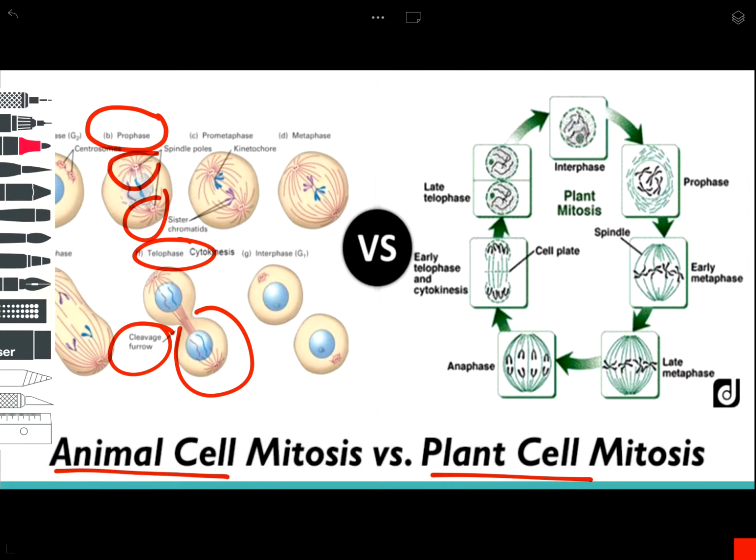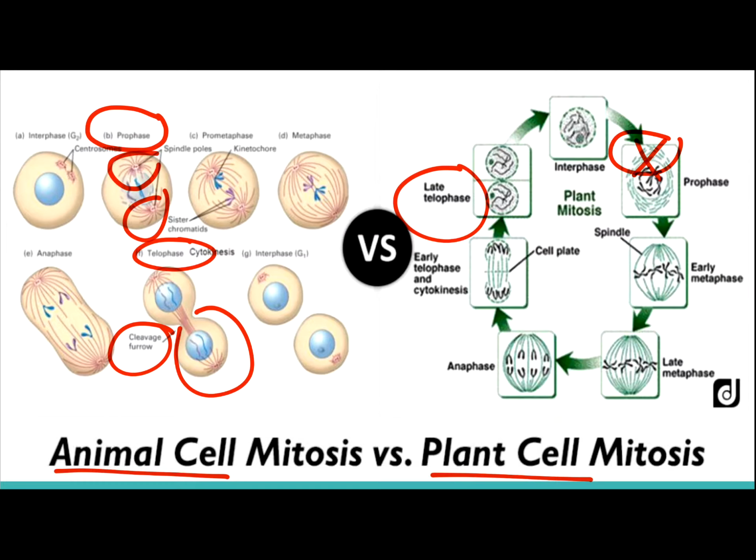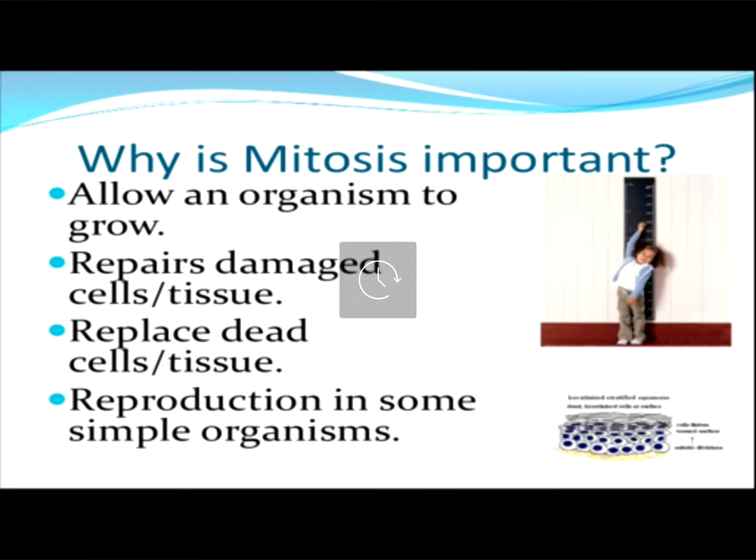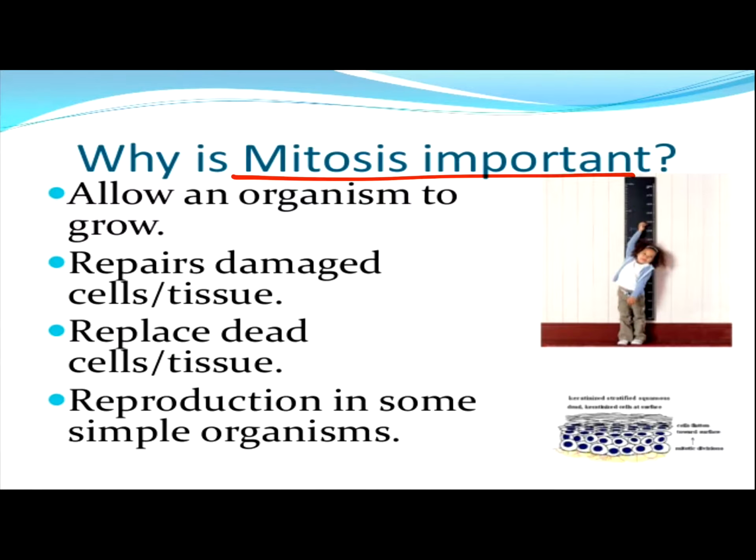But in the plant cell, during prophase, you can't see any centrioles, and during telophase, there is a cell plate forming. So that's why plants in real life can't move, because they are always touching each other and they're only separated by a cell wall.